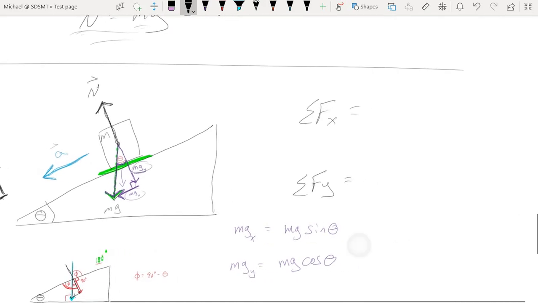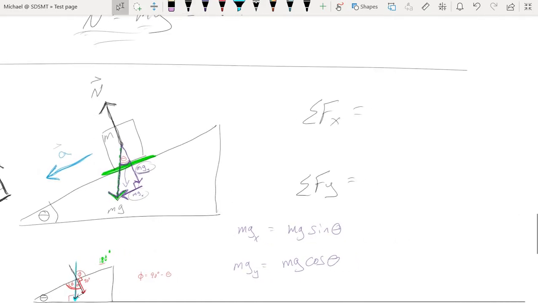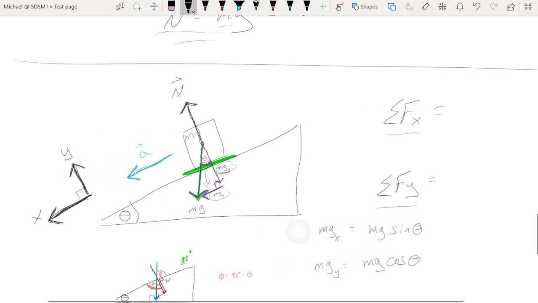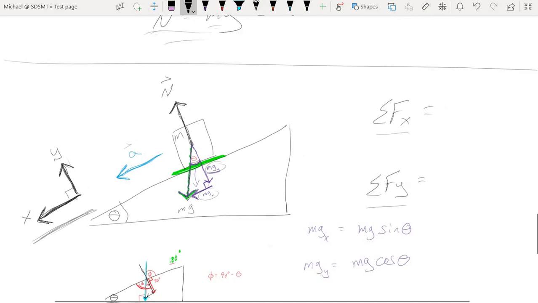And so all of these are going to go into our summation of force expression. Because each of these is a one-dimensional summation, I will incorporate plus and minus signs onto my terms that reflect our choice of reference frame.